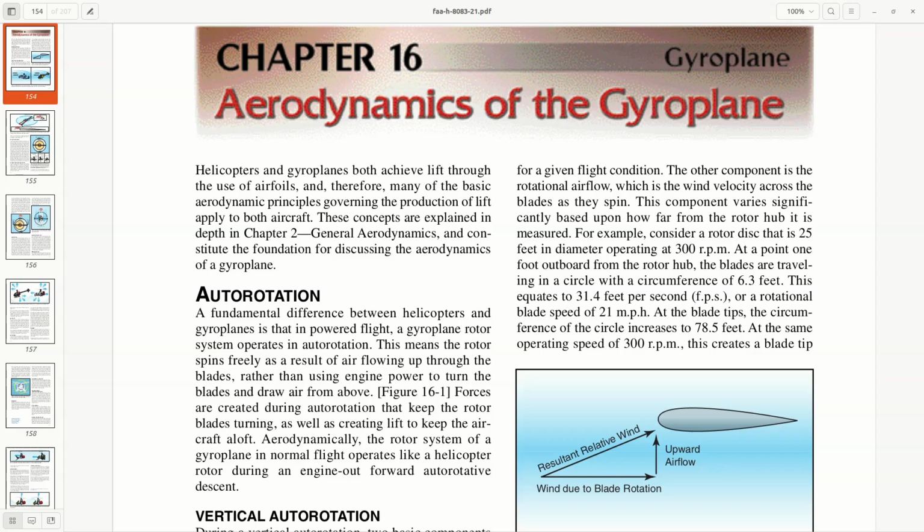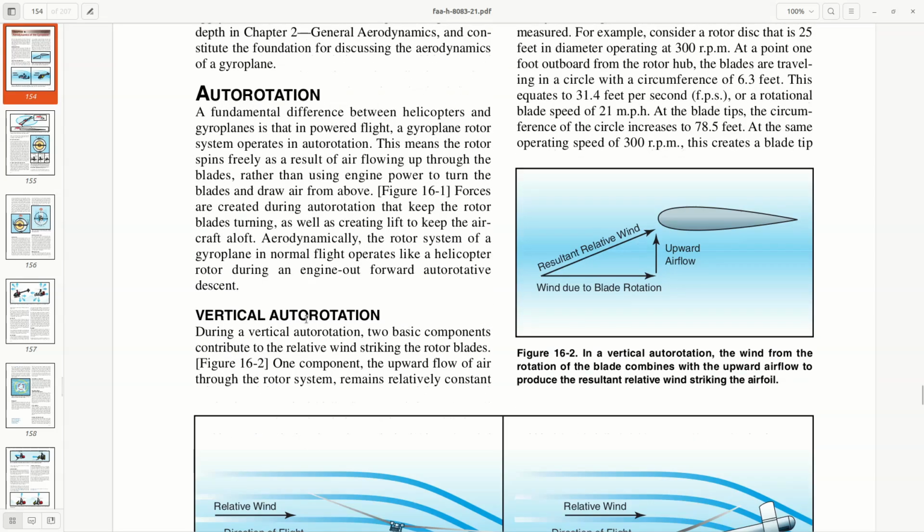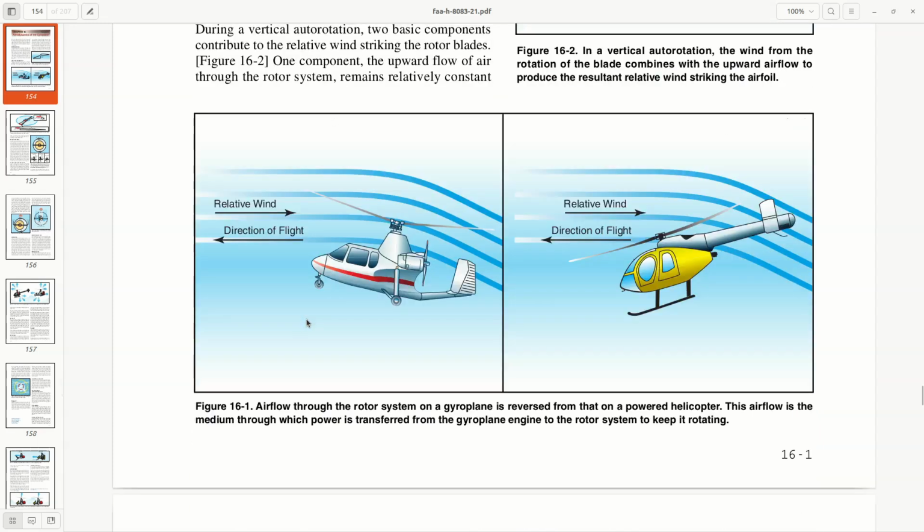So there is a very big difference in an autorotation in a gyro versus a helicopter, and it's related to how they normally fly. If you look at a gyroplane, normally the wind is coming up from below the rotor.